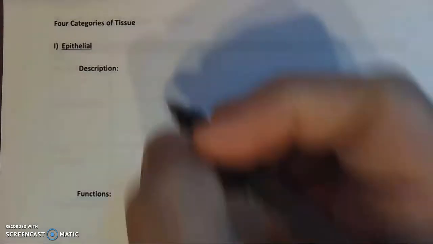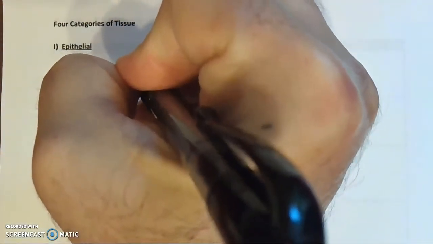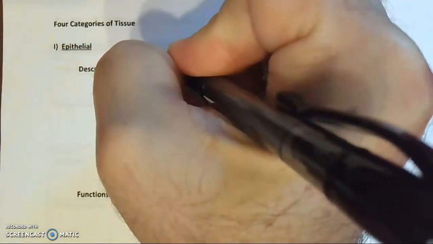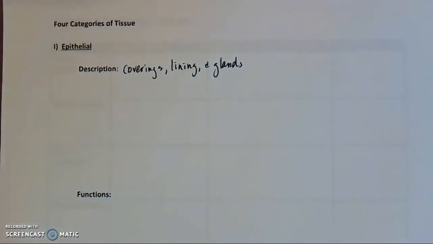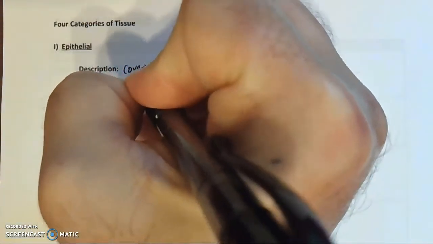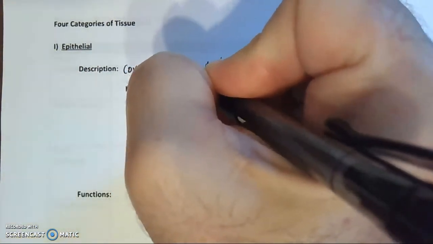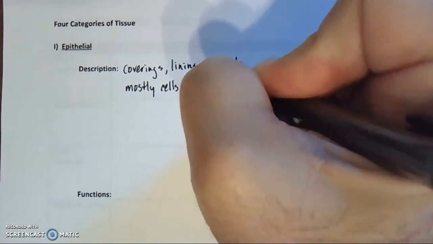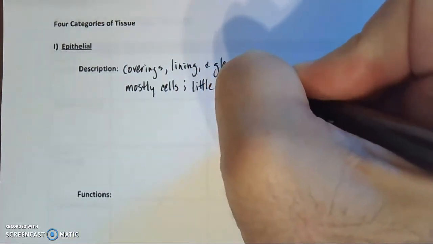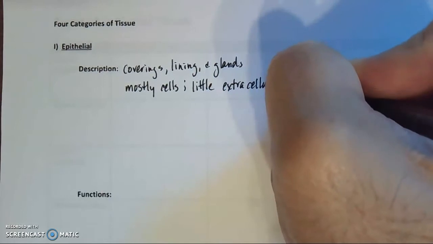And a description of it is it's mainly used in coverings, linings, and glands. So epi means upon, so that's where the coverings and the linings come from. So one way that we can use to describe this is it's mostly cells and little of something called extracellular matrix.